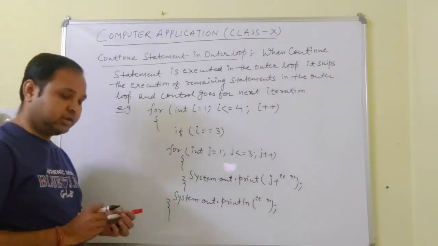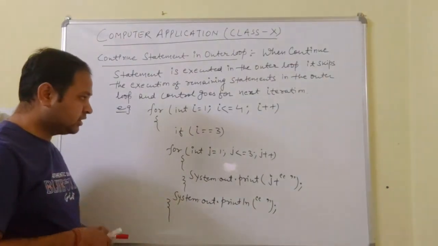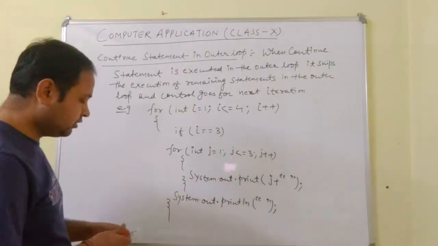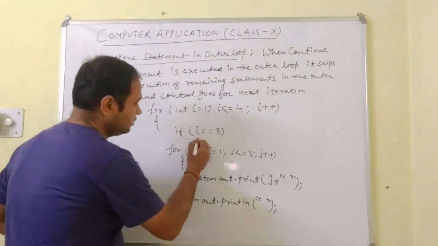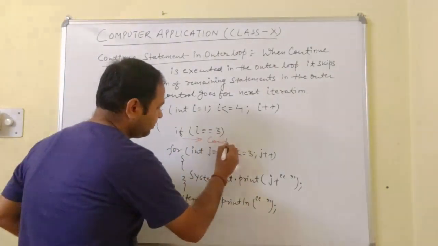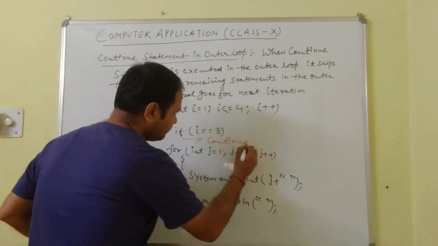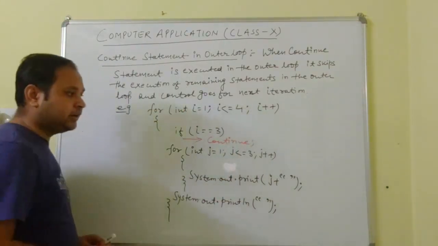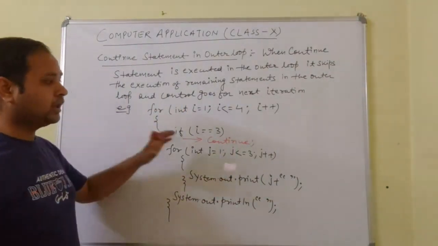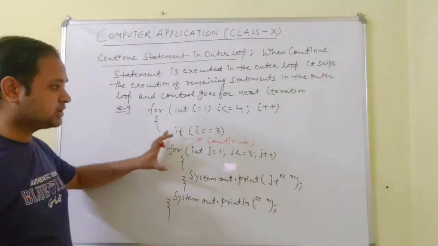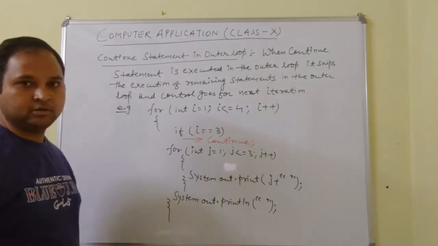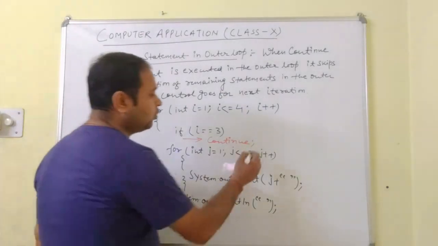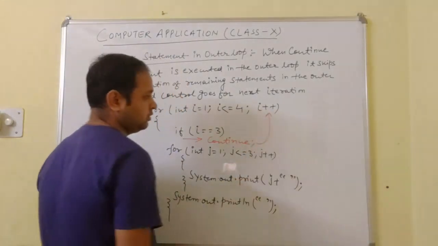So when a continue statement is written along with this condition, if i equals 3, suppose I write continue here, then what will happen? It will not execute the inner loop which is written just below it, and it will directly go for the update.